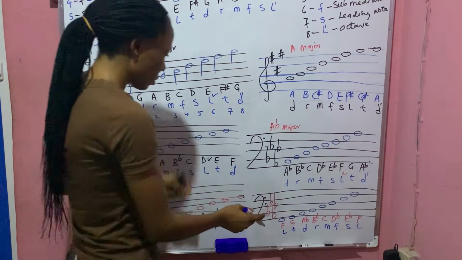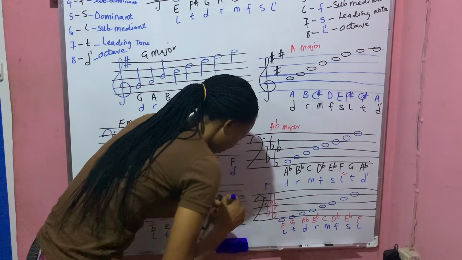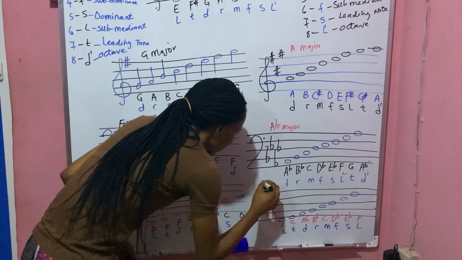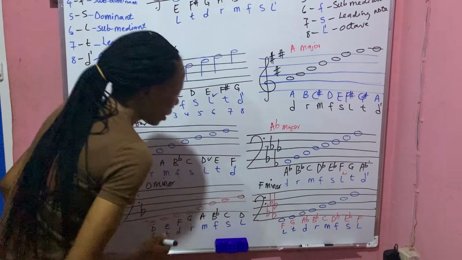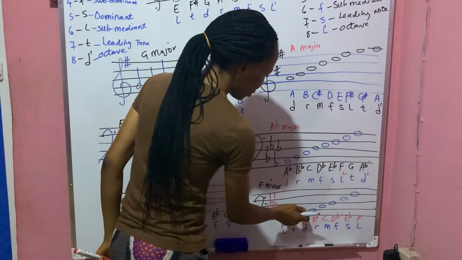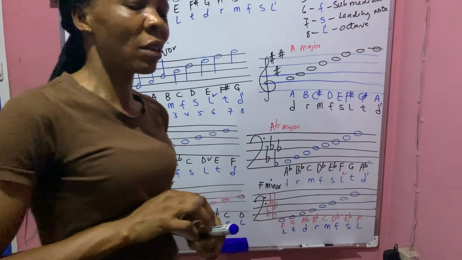Now, this is F minor. In F minor, F is the tonic. So we have La, Ti, Do, Re, Mi, Fa, Sol, La. Please note the Solfa pronunciation.